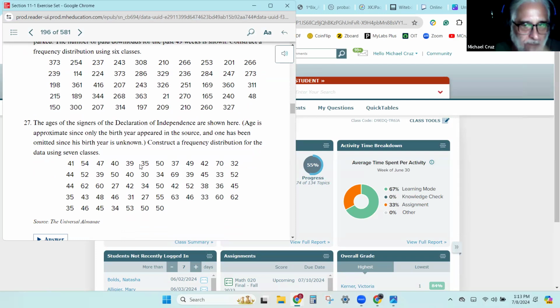All right. So we want to use 7 classes. So let's see. I'm going to find the highest one. Like I said, you don't have to worry about determining the classes. Looks like 50 is about. No, here's 63.